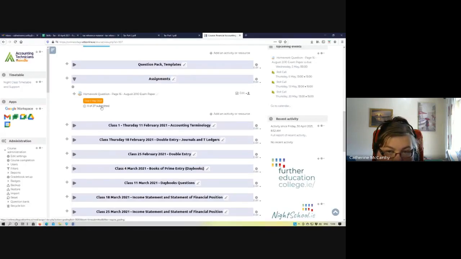Again, it's not compulsory. If you want to do it, you can hand it up before next week, and if not, you can hand it up later on. There's no pressure on anyone to do these within the week. I know it's hard between jobs, home life and studying, and there's a lot to be done. But hand them up if you do want to. There's no bother.